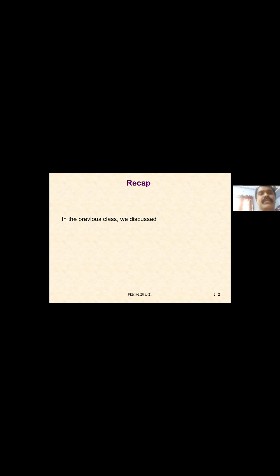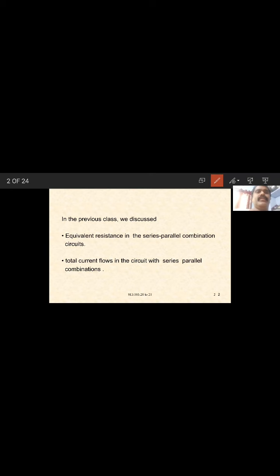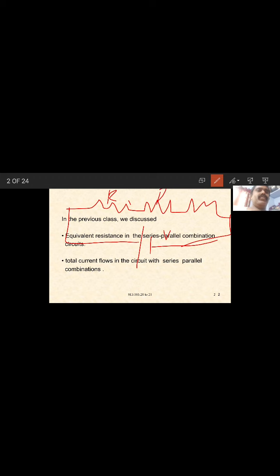In the previous class we discussed equivalent resistance in series and parallel circuits, and the total current flowing in the circuit with series and parallel combinations. In the case of a series circuit, three resistances are connected in series and a voltage is applied. We connect R1, R2, R3, where the current I flows.